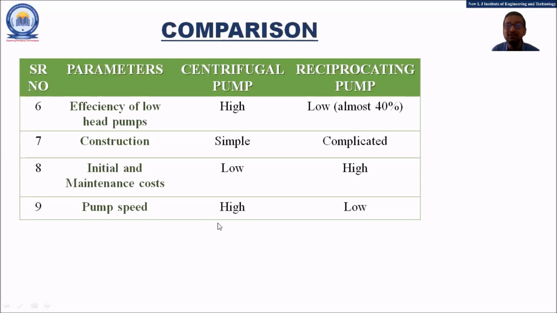When the centrifugal force increases, the impeller will be receiving more and more liquid from the suction tank, and we are able to transfer more liquid with the high pressure head from the delivery side.